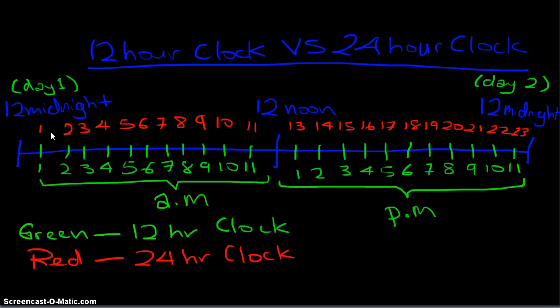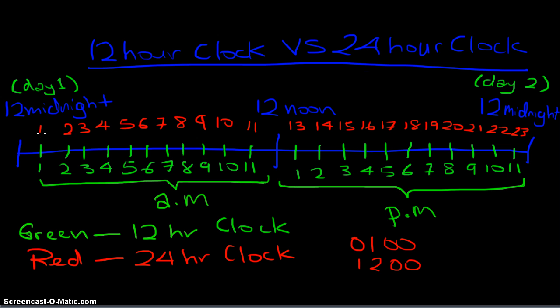For the 24-hour clock, after 12 midnight, this is still for the hour, so this is 0100. Up to here you hit 12 noon, which is 1200.